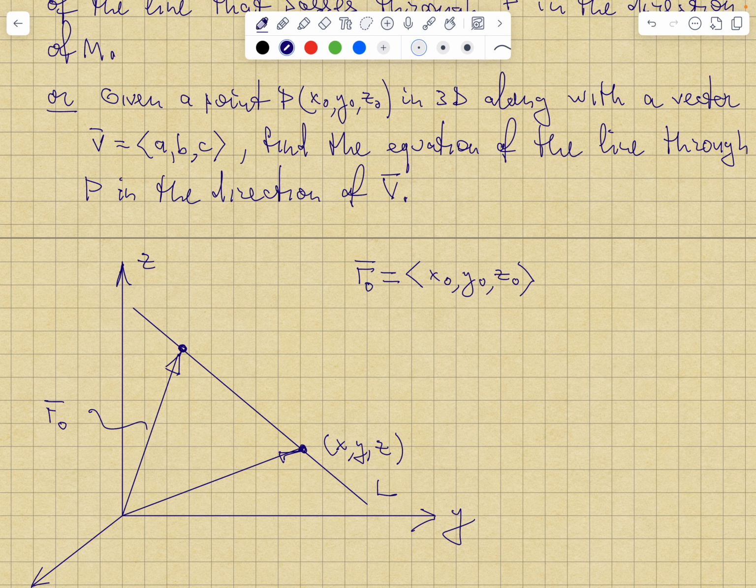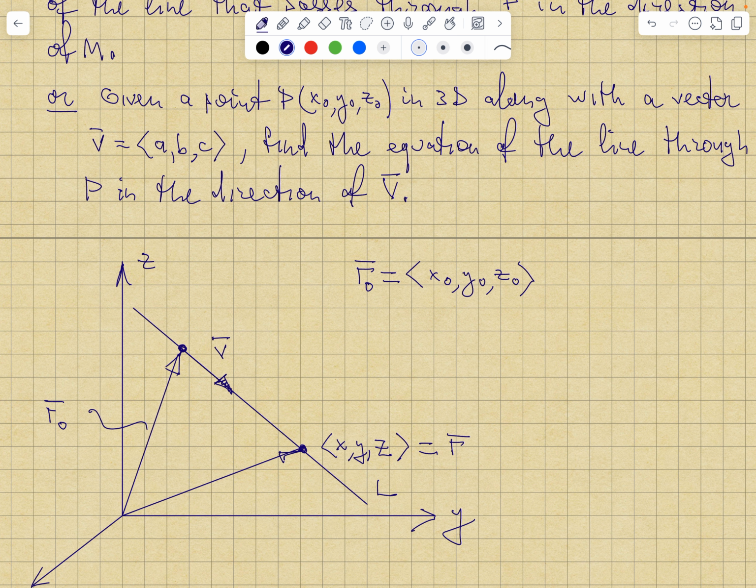And the corresponding position vector, and this guy I will denote by R. Okay, so what does this tell me? If I now plot a vector v, right, so vector v must be pointing in the direction of my line, so v is a vector along the line.